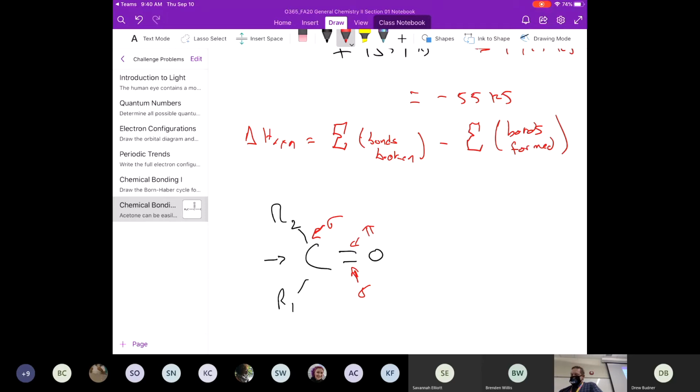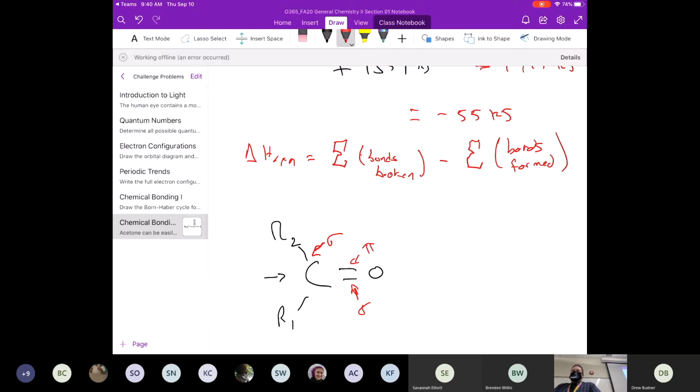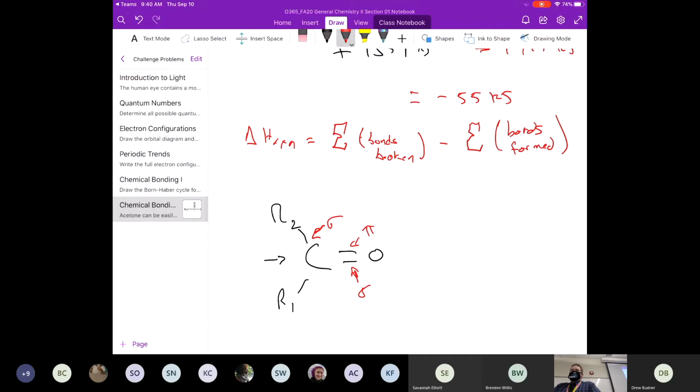But if we look at what's going on here, the single bond is going to be sharing 2 electrons. The double bond is going to be sharing 4. Right? A triple bond then would be sharing 6. That makes sense? All right.